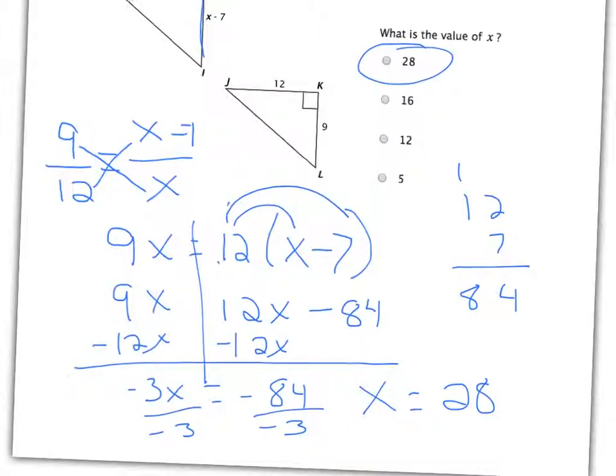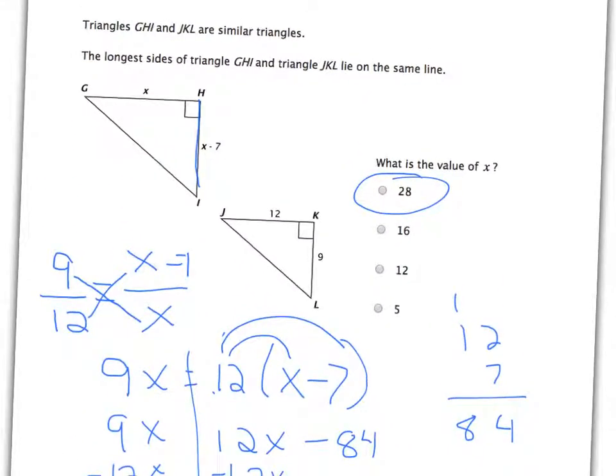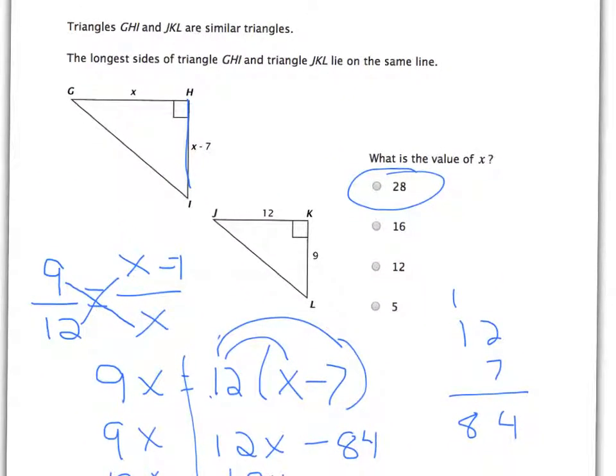The other way you could do this is think, okay, if this side is 12 and this is x, whatever this is, minus 7 is this, and it has to be in relation or proportional. So we could just plug these numbers in to see if it makes a true statement. Like, for example, 16.